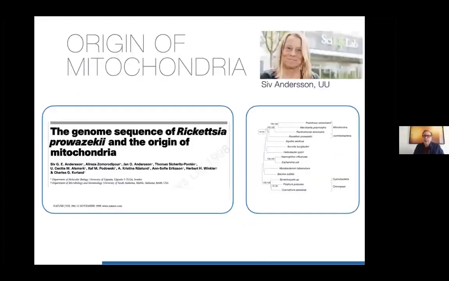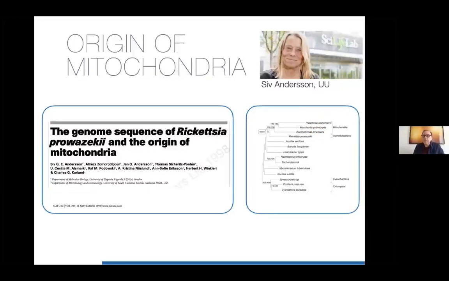Okay. There are other, much deeper examples of how you can use phylogenies. This example is from a researcher that you can find at SciLife, not in Stockholm, but in Uppsala, Siv Andersson, who 20 years or so ago sequenced rickettsia and found out that when you construct an evolutionary tree, rickettsia is placed close to mitochondria.